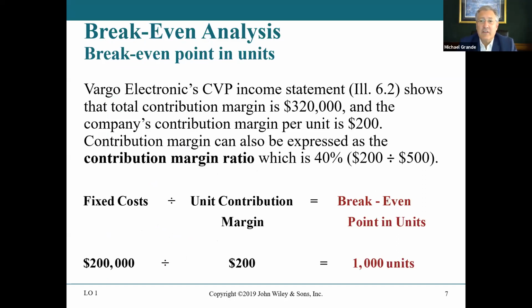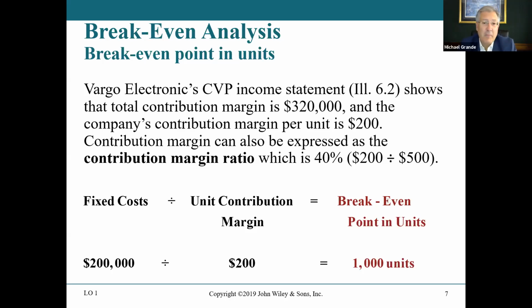So break-even point units. Vargo Electronics CVP income statement shows that total contribution margin is $320,000 and the company's contribution margin per unit is $200. Contribution margin can also be expressed as a contribution margin ratio, which is 40%, which is the contribution margin divided by sales. And we can calculate the break-even point in units.